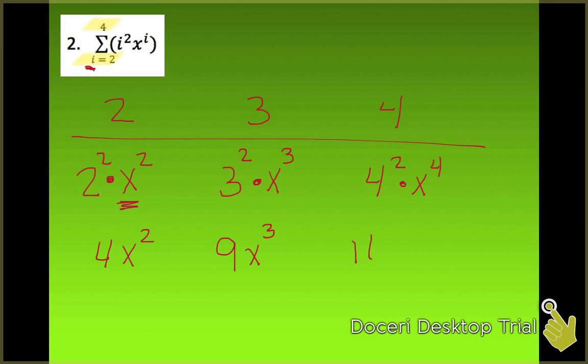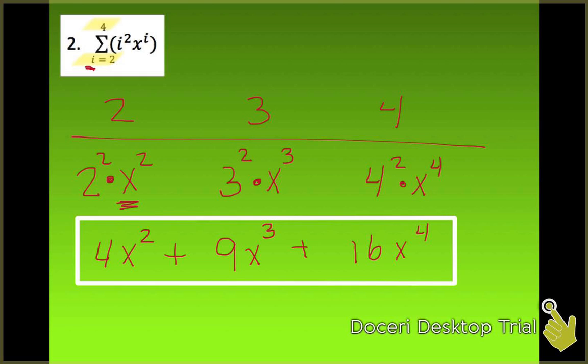So that's 16x to the fourth. You can't combine any of those because they're not like terms. You have x squared, x to the third, and x to the fourth. So you're just going to put plus signs in between them, and that is your summation. And the reason we use this notation up here, that is not an arrow, is because it's a lot simpler than writing out this whole thing down here.